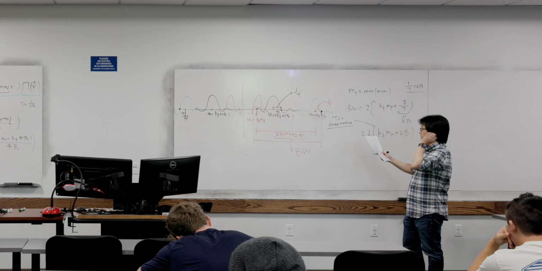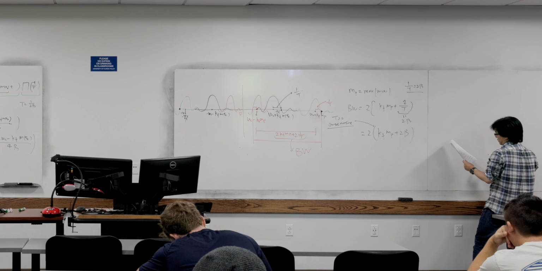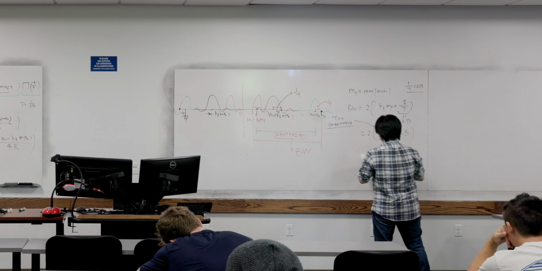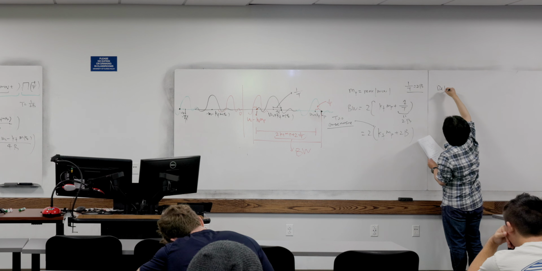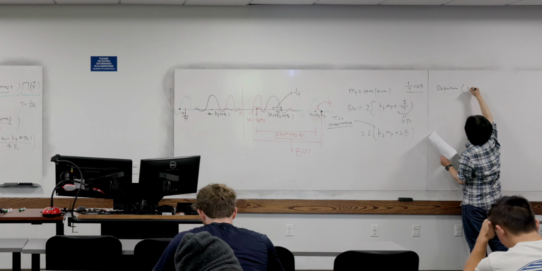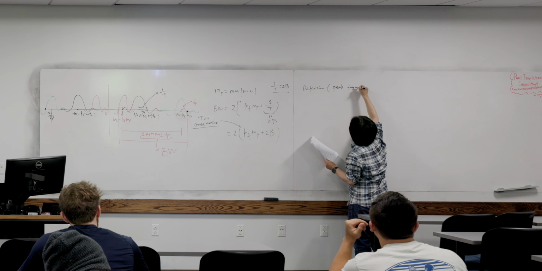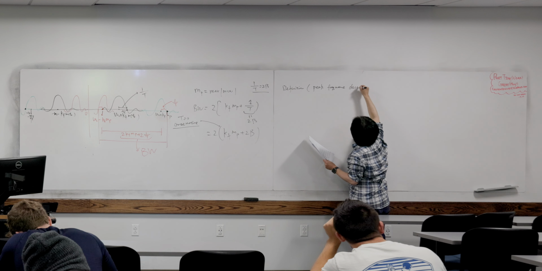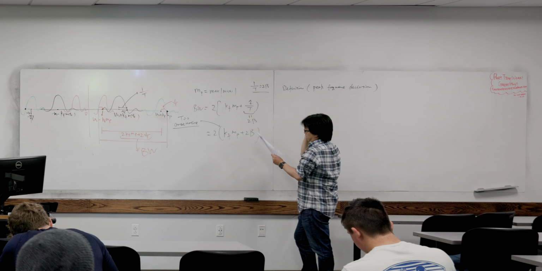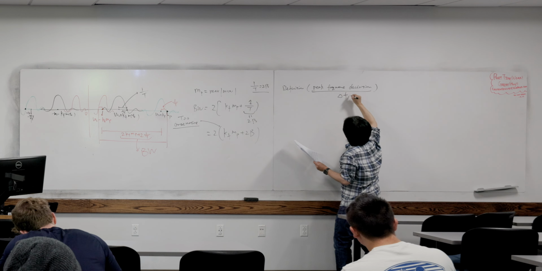So, given that, let's introduce another concept to indicate the maximum frequency shift. We give a definition here. That is called peak frequency deviation. Okay, so the peak frequency deviation, we denote as delta F, okay?